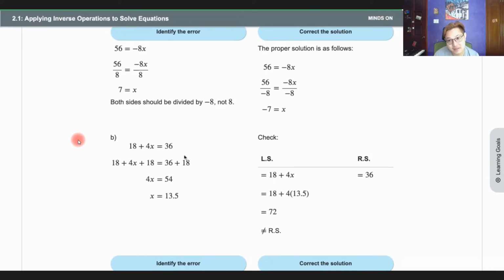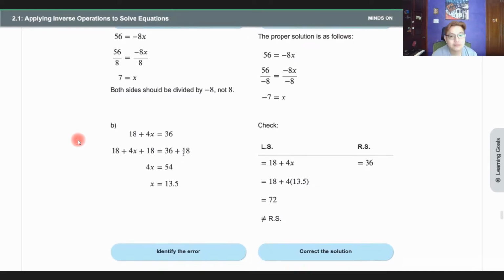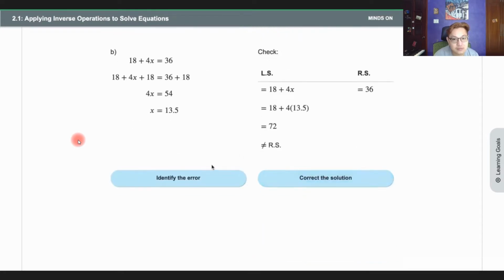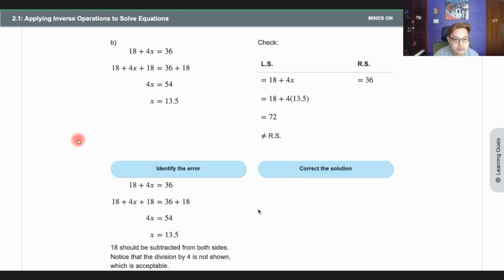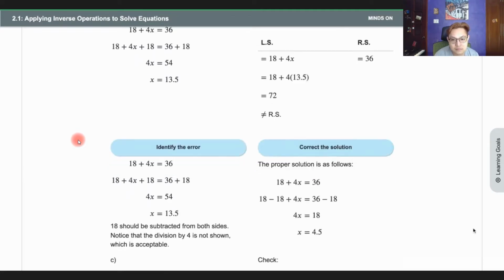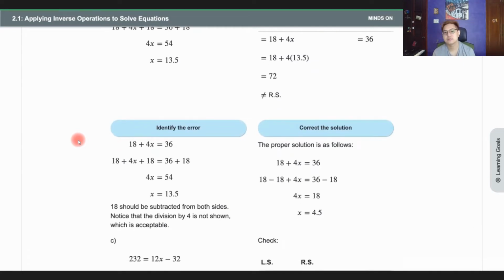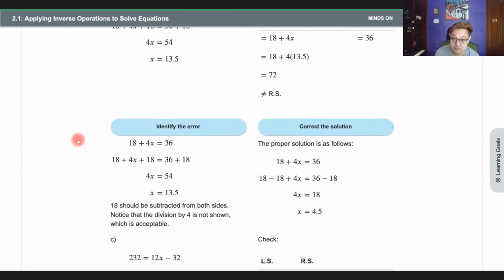Minus 18 for both sides. 18 should be subtracted. And the correct solution is 4.5.